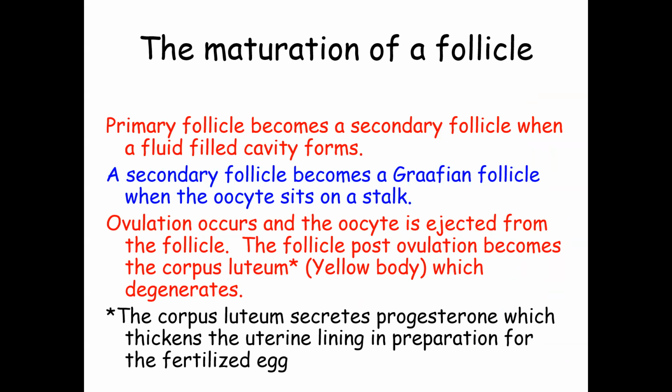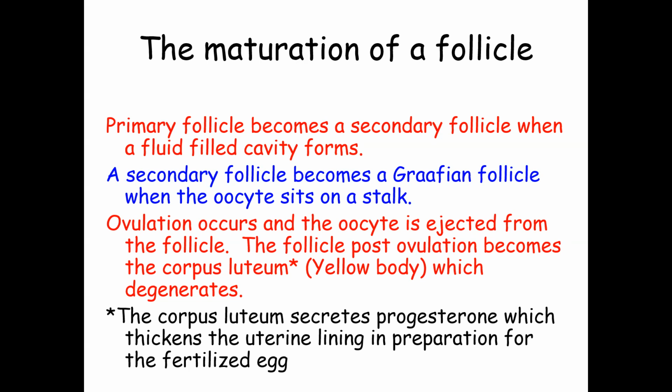Now, as it says here, the primary follicle becomes a secondary follicle when a fluid-filled cavity forms. So remember, once again, the follicle refers to the cells that are clustered around the egg. When they're very tightly packed in, as a primary follicle, everybody is touching. As the follicle matures, it gets bigger, big enough that the egg cell starts floating in the middle of this ball of cells.